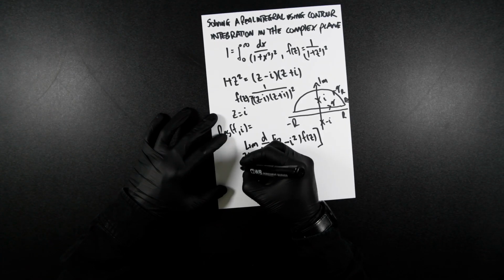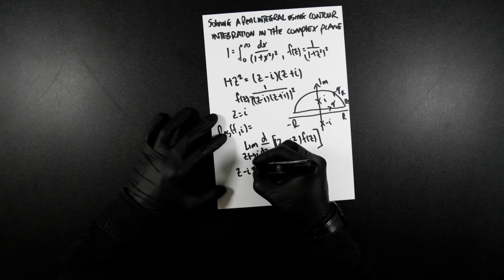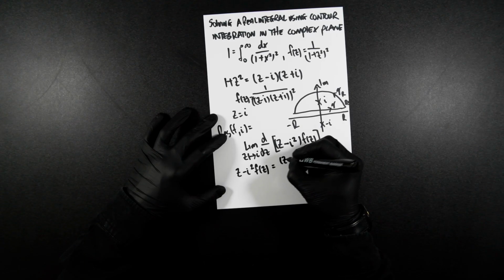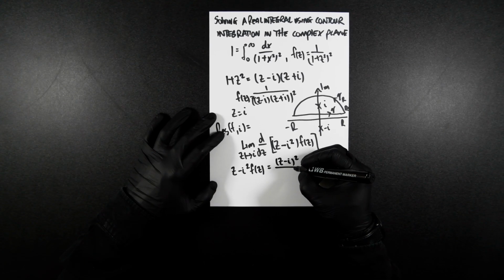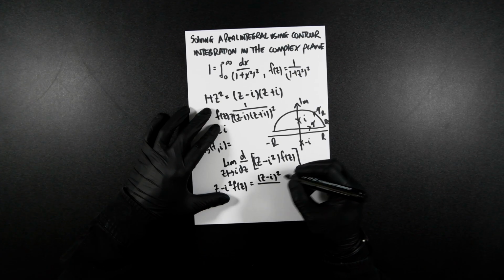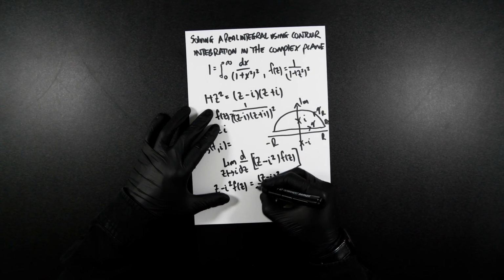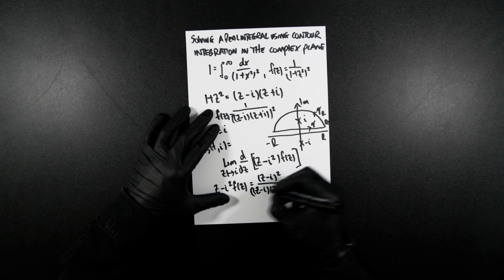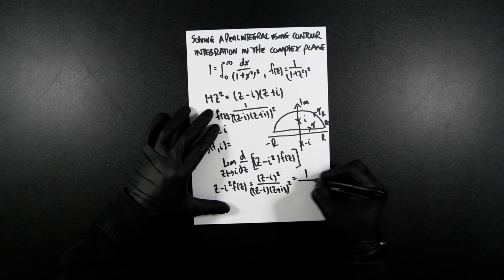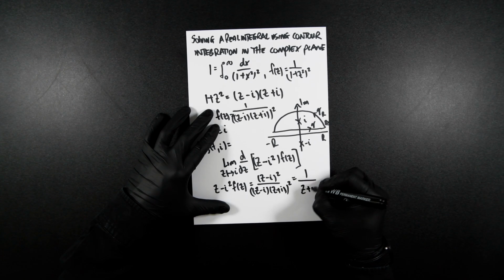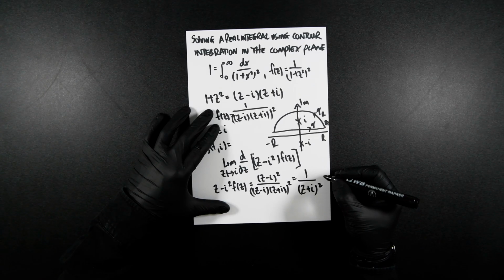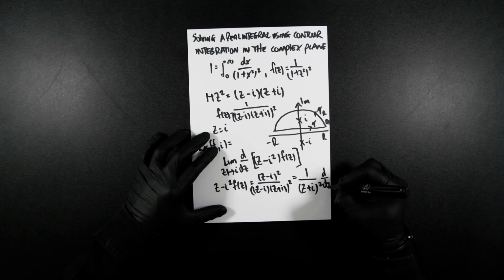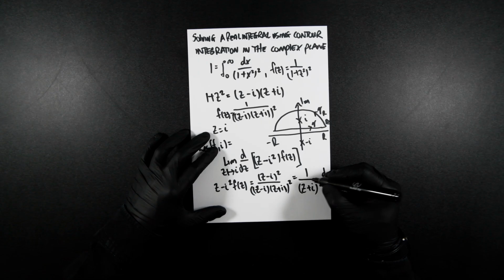So you will now get (z minus i) squared f of z, which equals (z minus i) squared over (z minus i, z plus i), all squared, which equals 1 over (z plus i) squared. So now we're going to differentiate this.